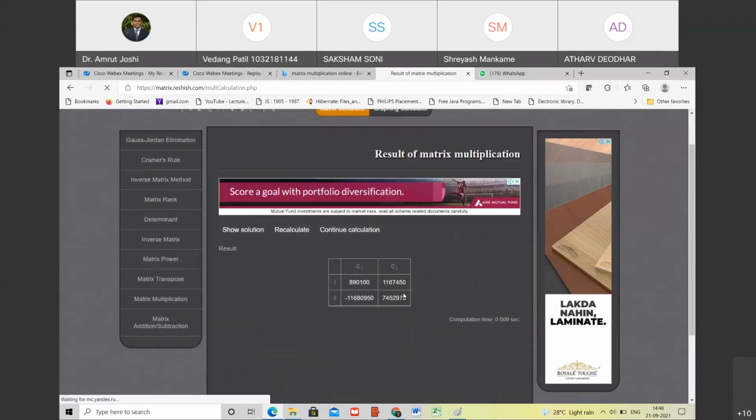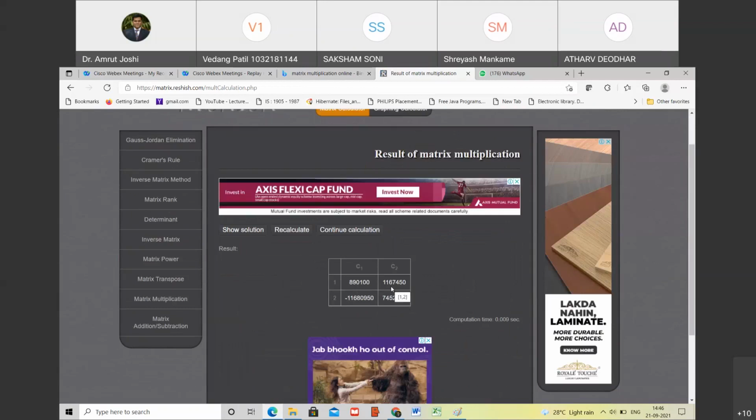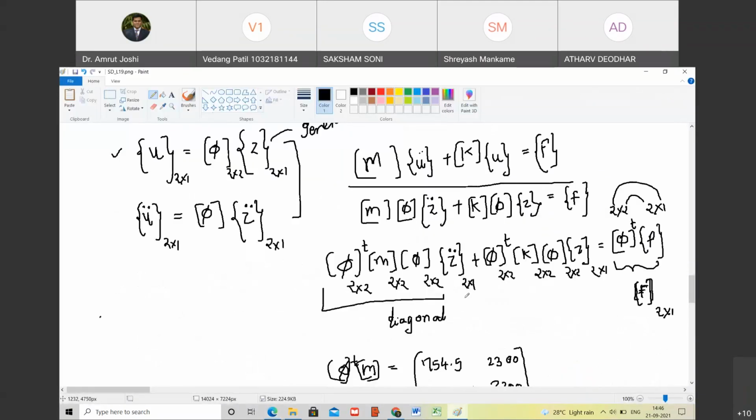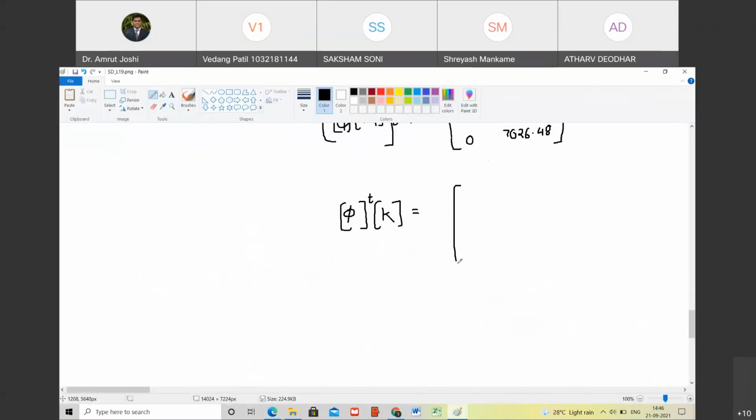So if we calculate this, what is the value? Can you take a snapshot of this? Yes, take it. Done. Okay, tell me this one, phi transpose K. Tell me the values.